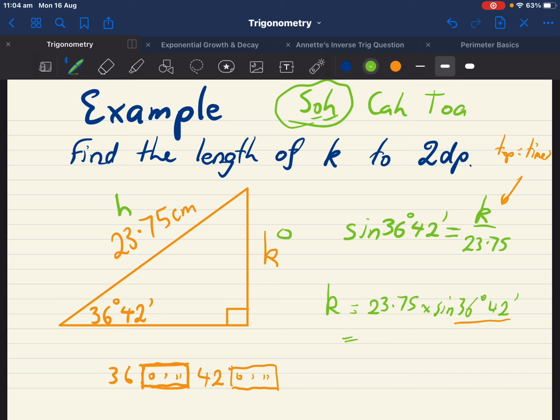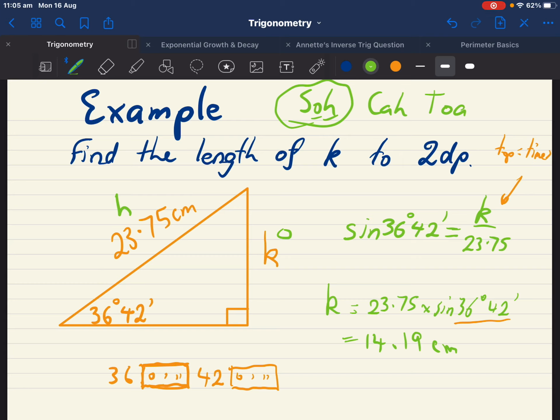Anyway, you type that into your calculator correctly, you press equals, and I actually encourage you to type it in while you're right here, you should end up with 14.19 centimeters. I went to 2 decimal places here because the question said it. Plus, the number in the actual triangle went to 2 decimal places as well.